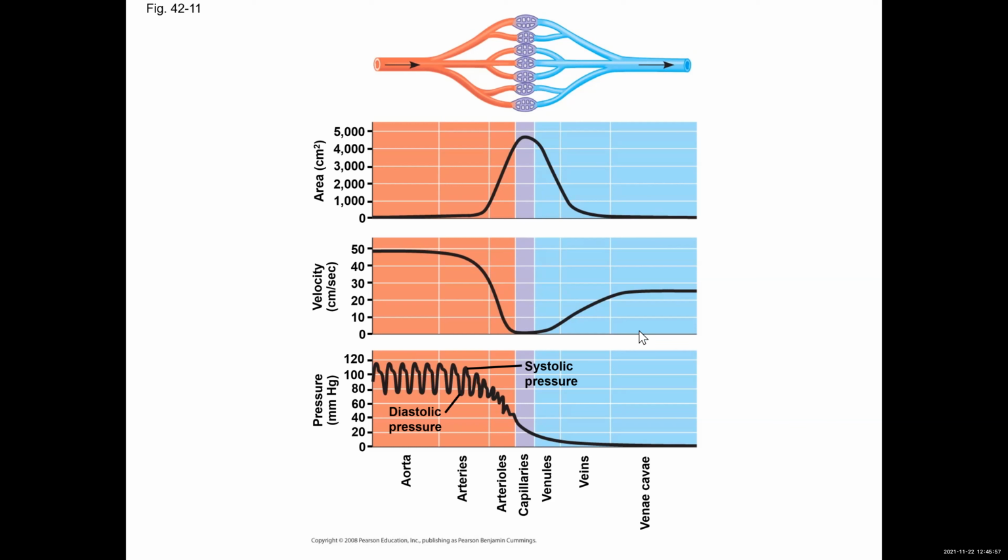All right, the pressure that the blood is exerting is going to just systematically decrease. It's going to be the highest when it's under the force of that pump from the left ventricle.